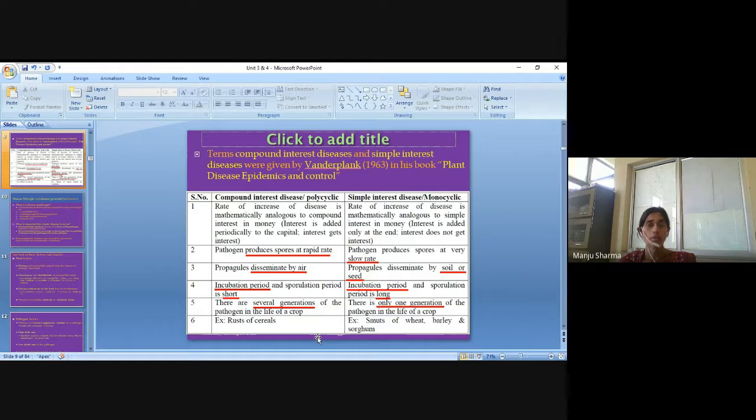In polycyclic disease the pathogen produces spores at a rapid rate, and in monocyclic disease the pathogen produces spores at a very slow rate. The propagules are disseminated by air in polycyclic disease, and in monocyclic disease the propagules are disseminated by soil or seed.